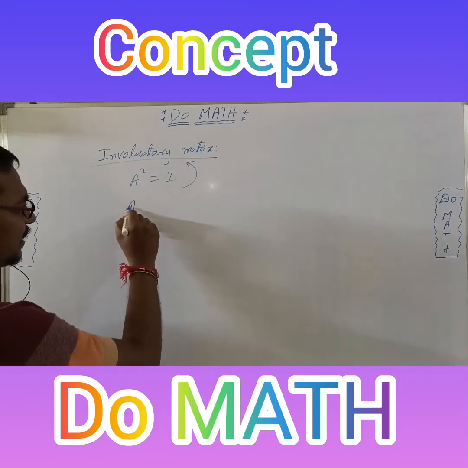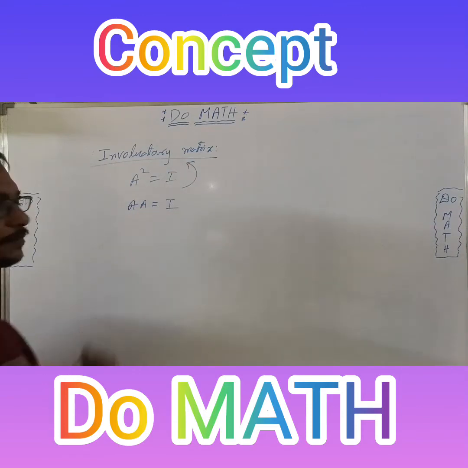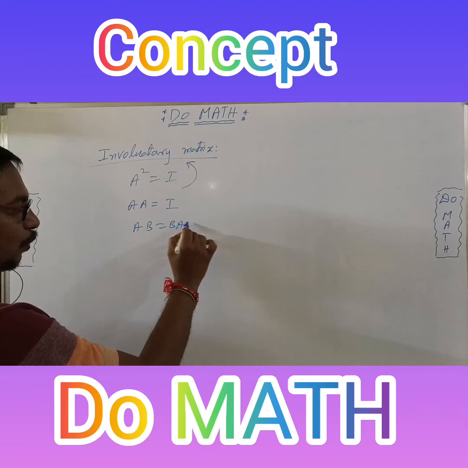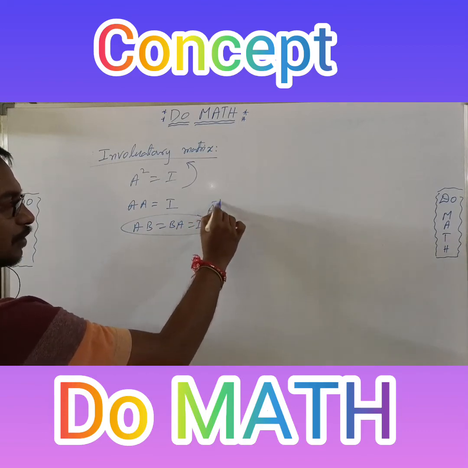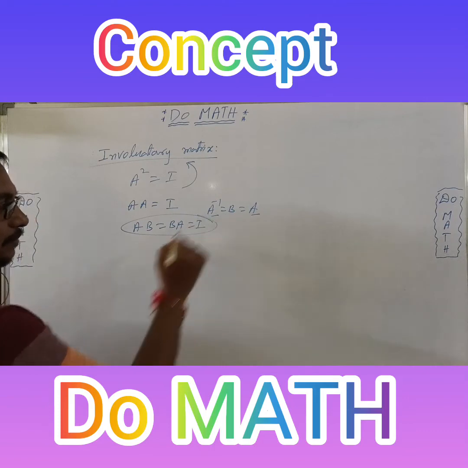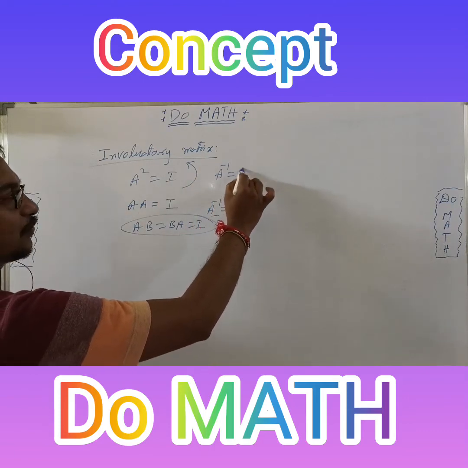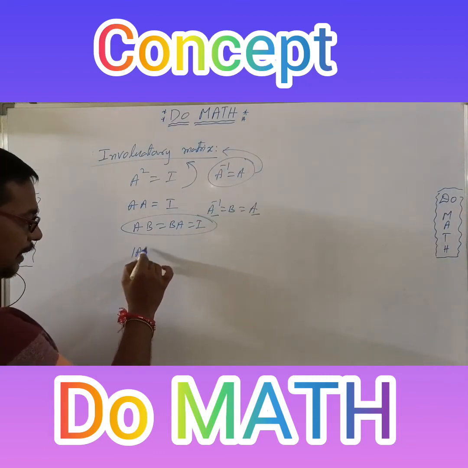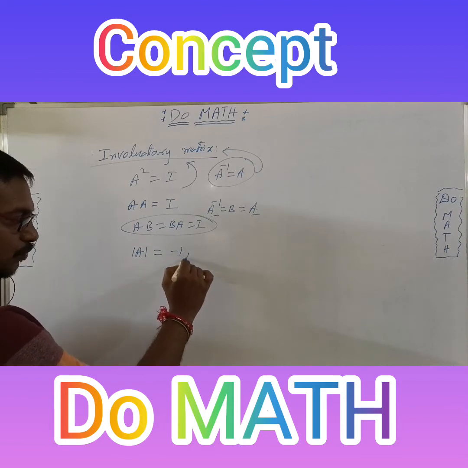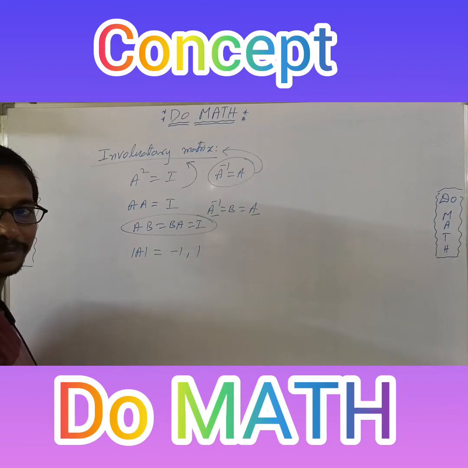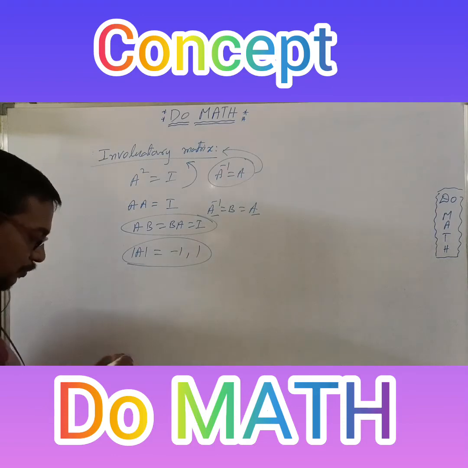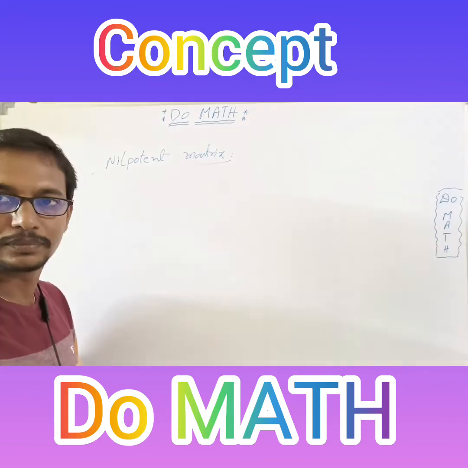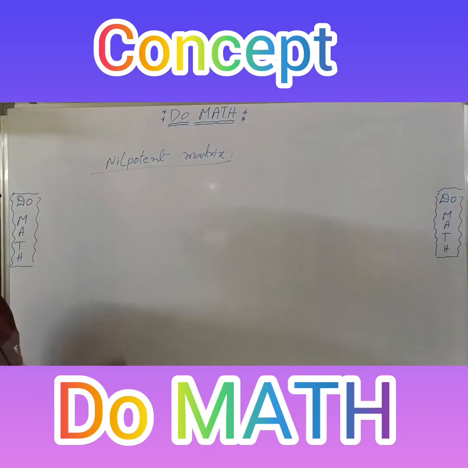That means A into A equals I, in the form AB equals BA equals I, so A inverse equals B, where B is again A. That means if a matrix is its own inverse, then it is called an involutory matrix. And the determinant of an involutory matrix is plus 1 or minus 1. It is compulsory. And the next one is the nilpotent matrix.